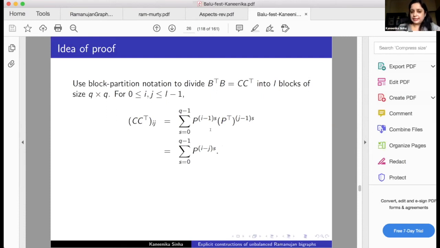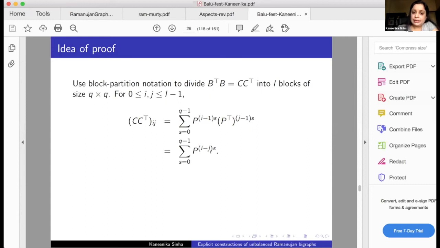And very conveniently, using the fact that P transpose is P inverse, this just turns out to be the sum of P raised to the i minus j times s, where s runs over 0 to Q minus 1, all the residue classes mod Q. Now since i and j lie between 0 and L minus 1, the absolute value of i minus j is strictly less than Q.